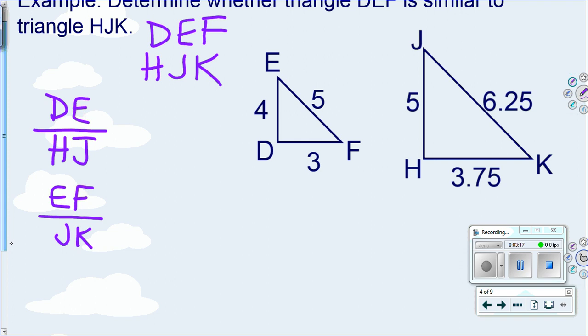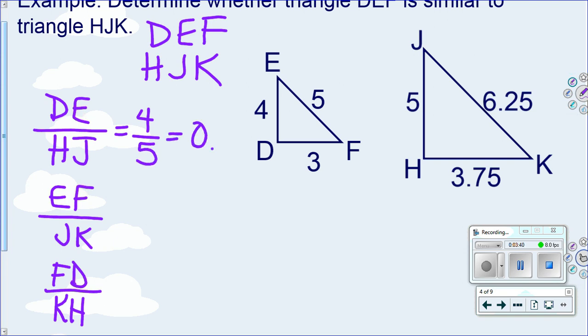Okay, and what's my third pair of corresponding sides? Dan, can you tell me? FD and KH. Alright, what is the length of DE? 4. What's the length of HJ? 5. If I do 4 divided by 5 in my calculator, what decimal do I get? 0.8.